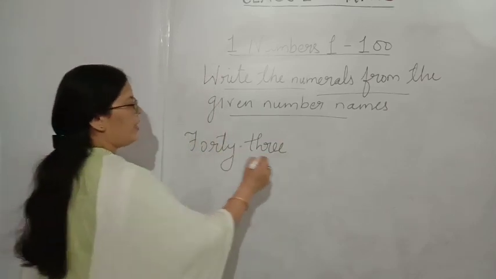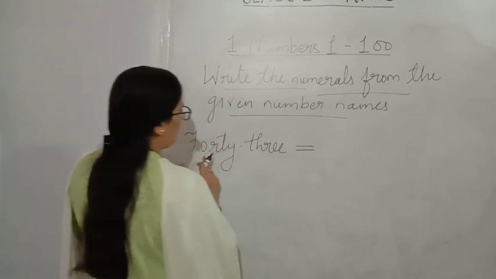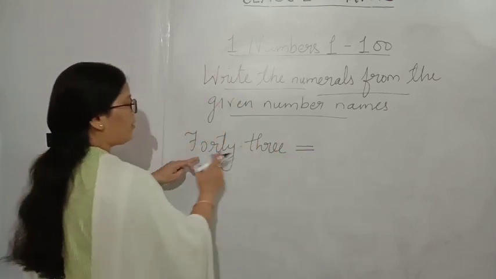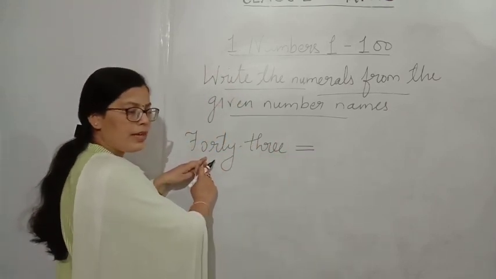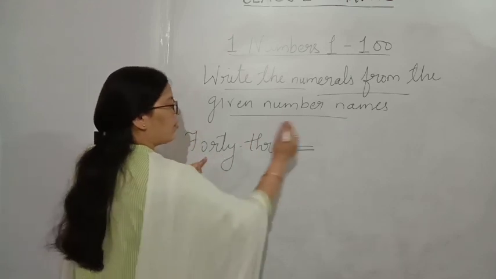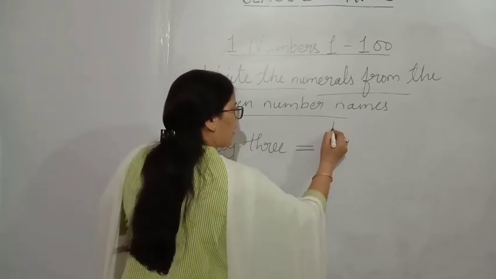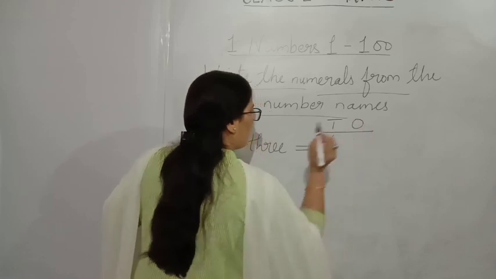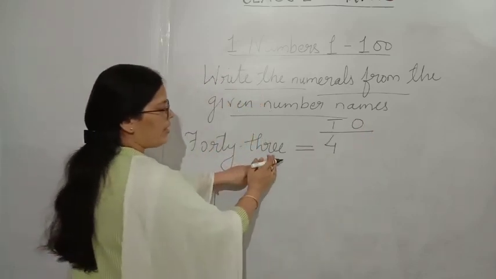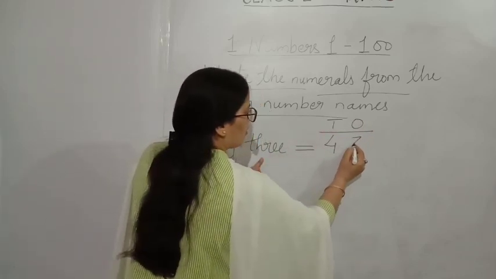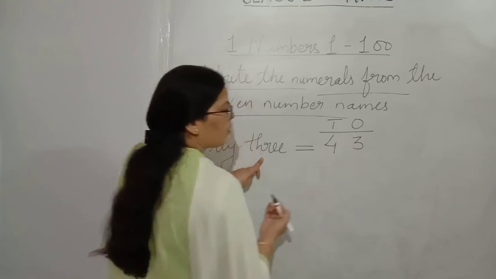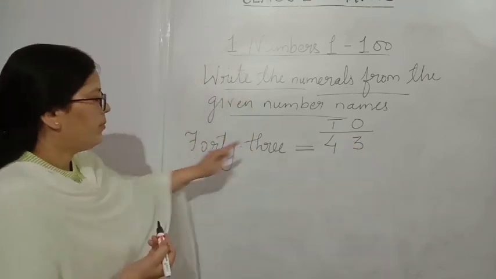Okay, 43. Now from this number name, you have to write the number 43. 40 means here 4 tens. So here means that 4 is at tens place. Okay, and 3 is at ones place. So 4, 3, 43.